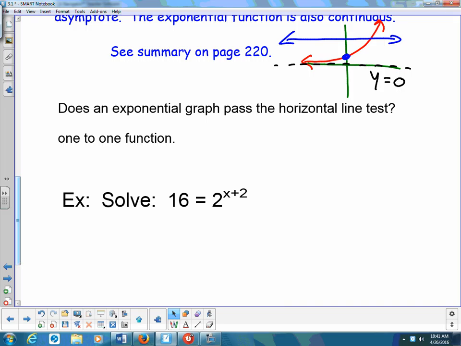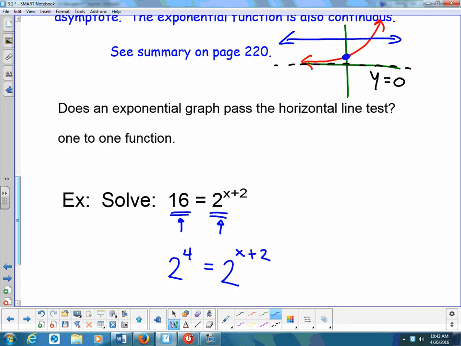All right, so if we were going to solve an exponential equation like this, if we have 16 equals 2 raised to the x plus 2, one way that I would like you to be able to solve this is to get both sides to have the same base. Right now, this base over here is a 2, this base over here is a 16. But since 16 is 2 to the 4th, I can rewrite this as 2 to the 4th equals 2 to the x plus 2.